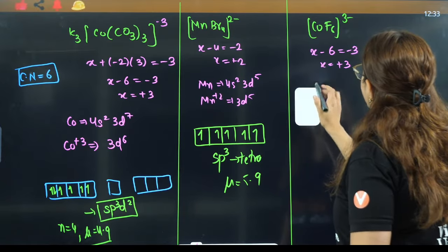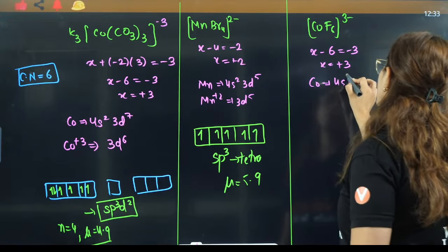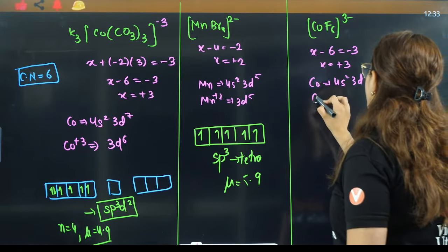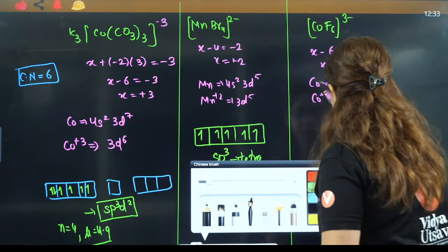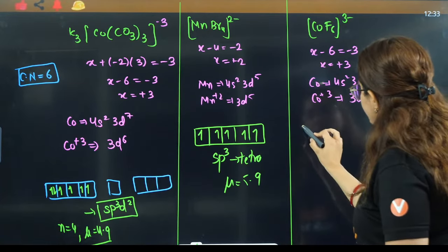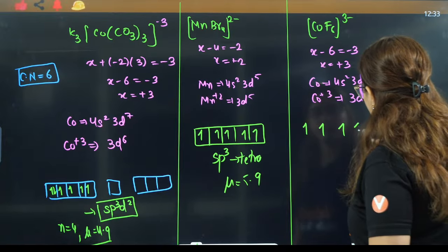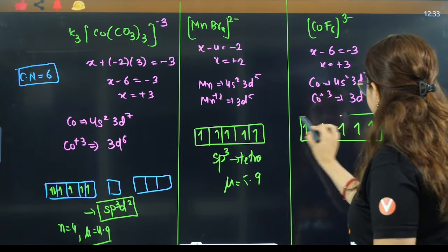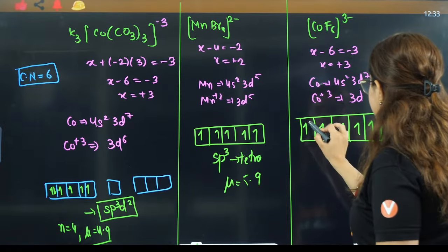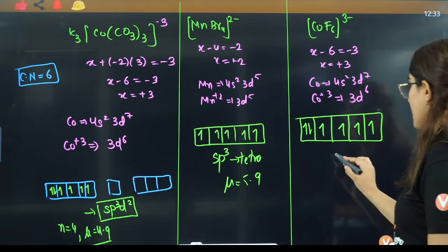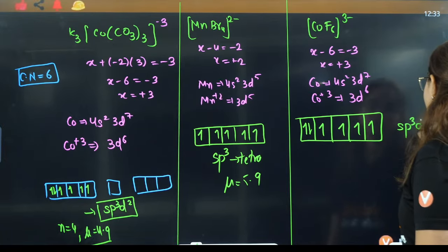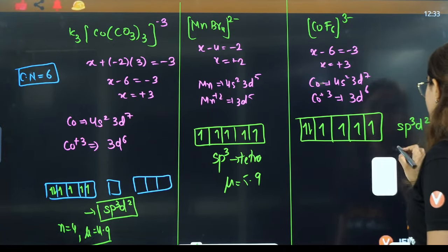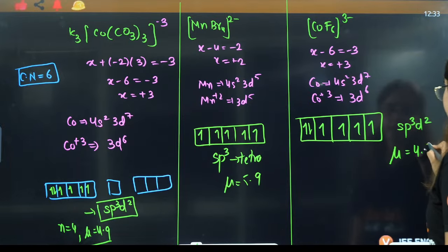Cobalt, you take out 3 electrons, 3d6. Weak field ligand, again no pairing, so it will be 1, 2, 3, 4, 5, 6. We will be left with sp3d2. Unpaired electrons are 4, so mu is also 4.9.